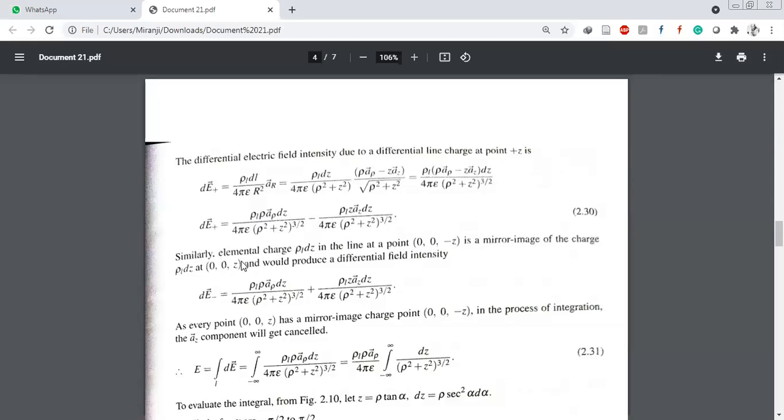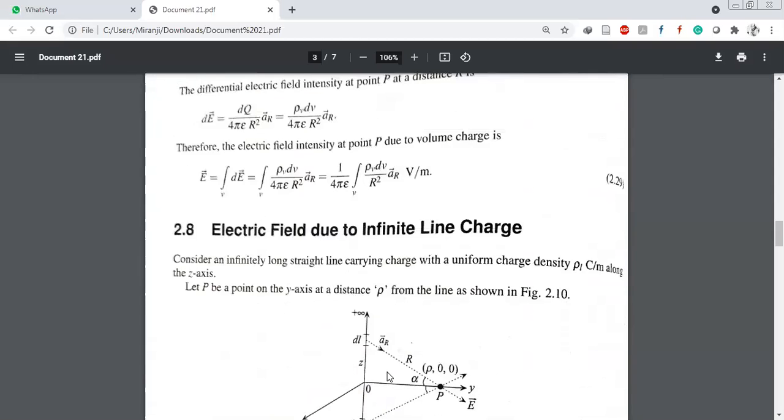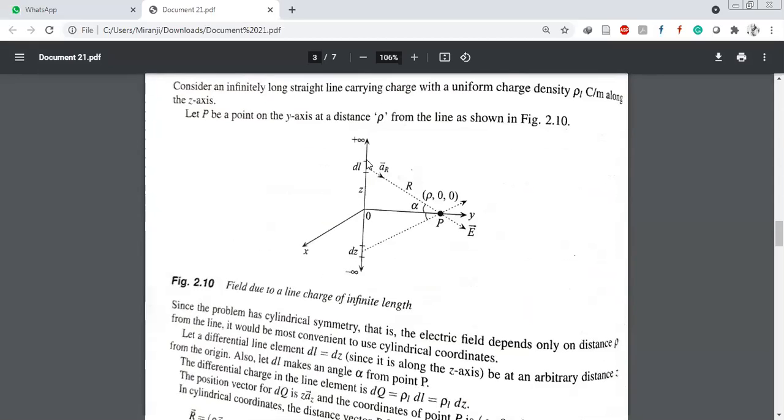Similarly, the elemental charge rho_l dz in the line at the point (0, 0, minus z) is a mirror image. See here, this is the dl on the negative side, this is the earth, and let us assume this is the mirror side.